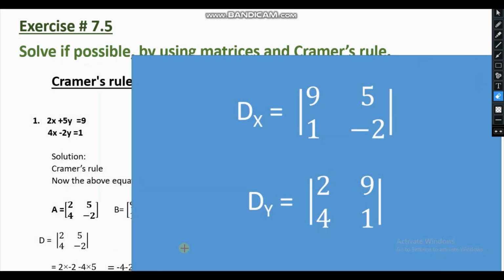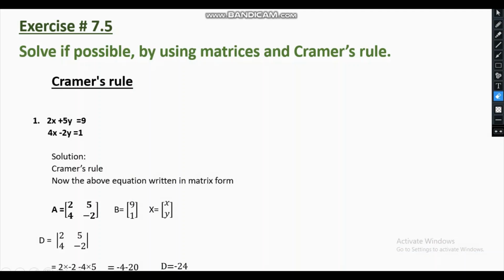I hope you understood. Now I will find the determinant of x. 9 and 1 we will replace by the value of b when we find the determinant of x, and 5 and minus 2 stay the same. Now we will find 9 multiplied by minus 2, and again the minus sign comes from the formula, then 1 multiplied by 5.